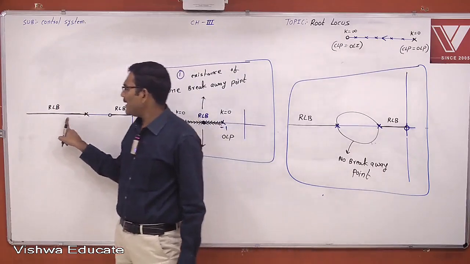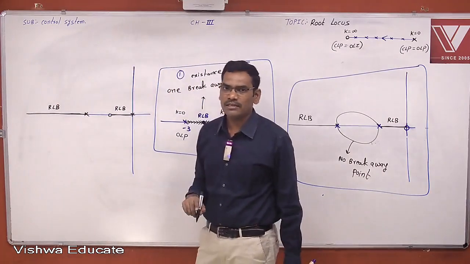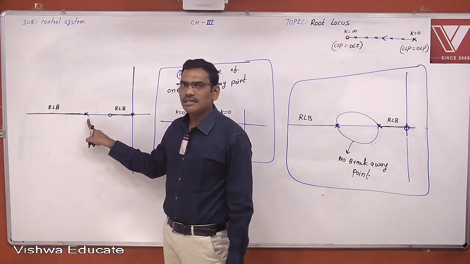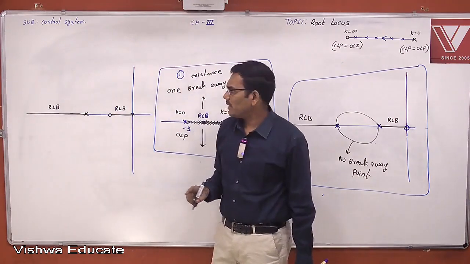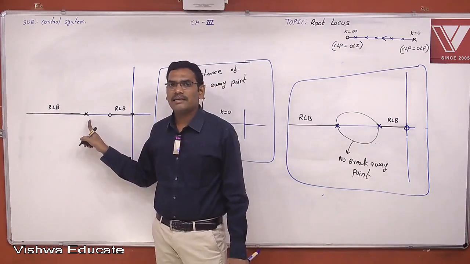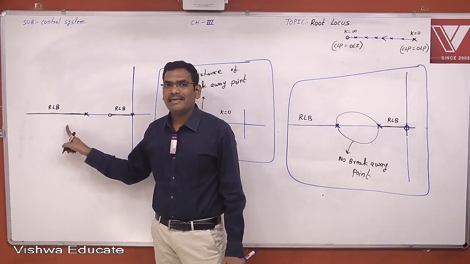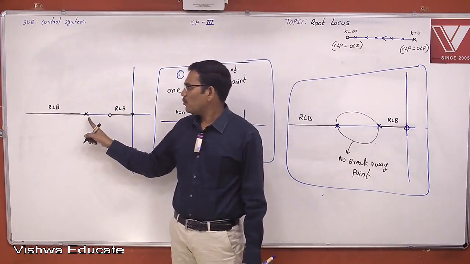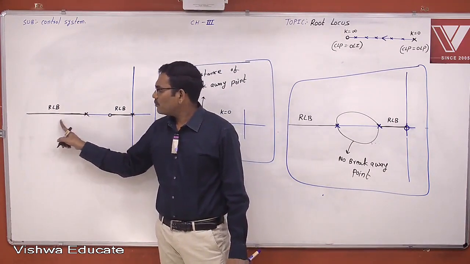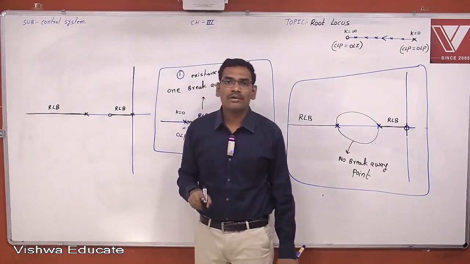After that pole, the entire real axis is a root locus branch.